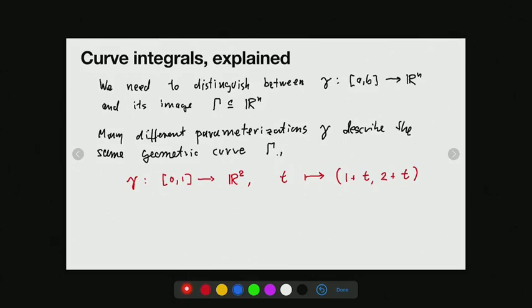The second one is another curve. All our curves are called little gamma here. This time it is parameterized from 0 to 2 pi. Again, I go into R to the 2, but this time I map t to something slightly different, namely to (1 plus sine of t, 2 plus sine of t).